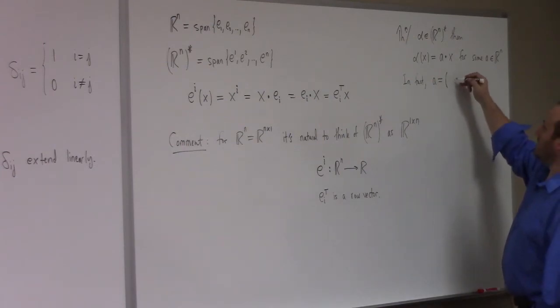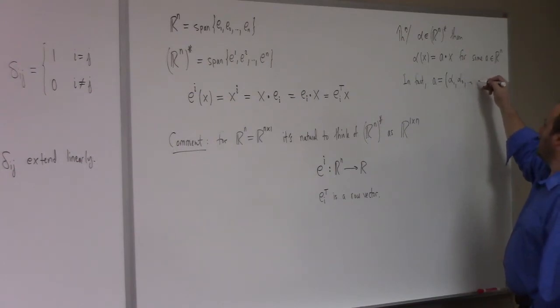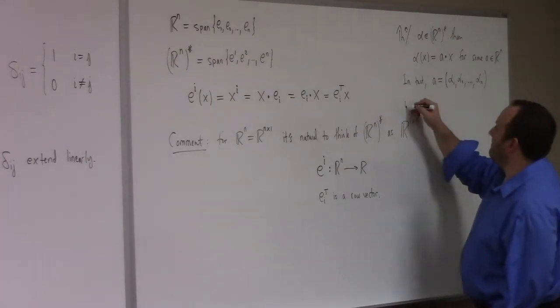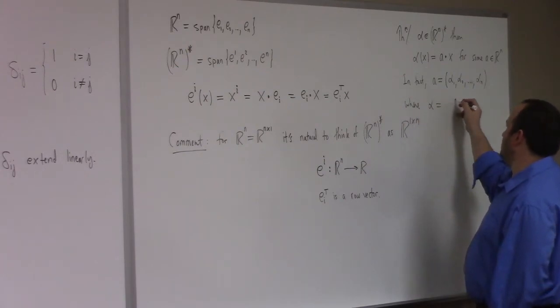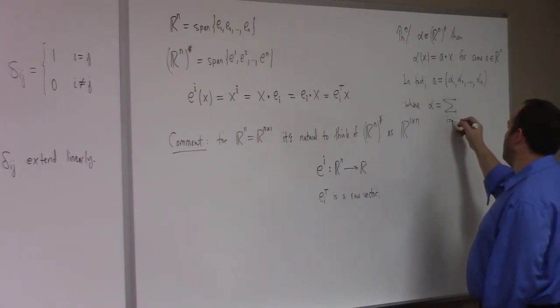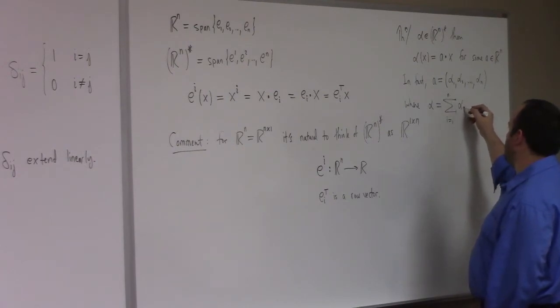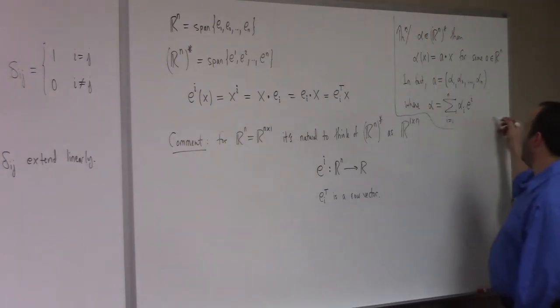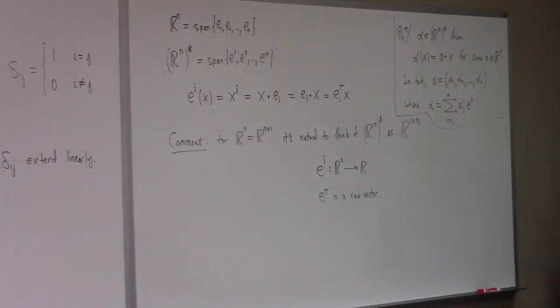It's alpha sub 1, alpha sub 2, ..., alpha sub n, where alpha is in fact equal to the sum, i equals 1 to n, of alpha sub i e upper i. I seem to have found a way to wrap up a bunch of different results into this theorem.